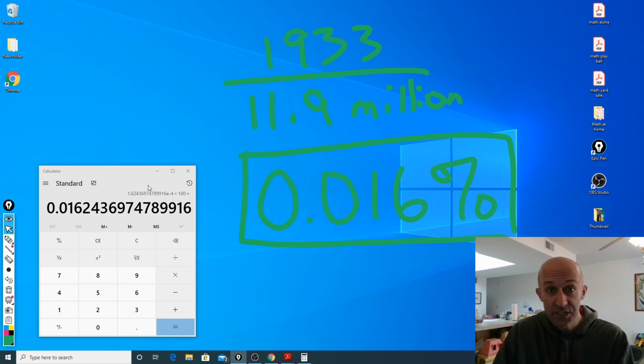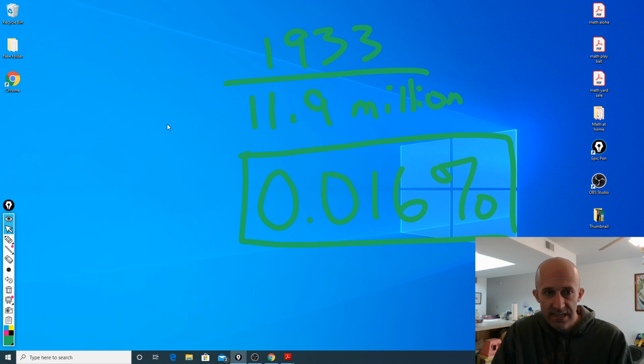If you look at the entire state of Ohio, which was 11.9 million, 1,933 were reported as positive. So the percent that tested positive out of the state of Ohio was 0.016%.